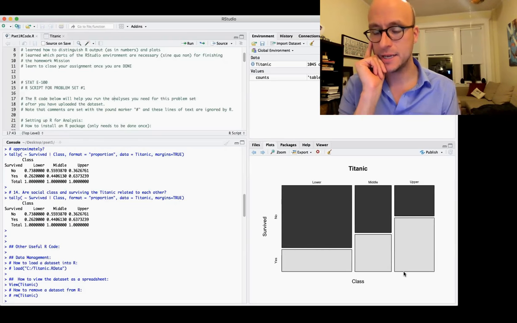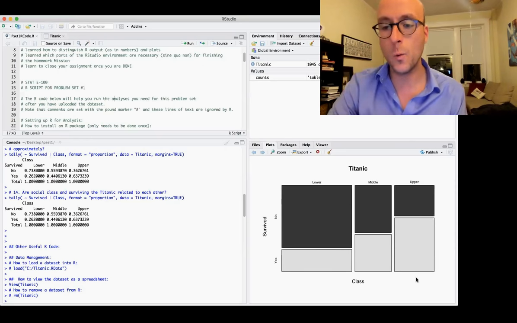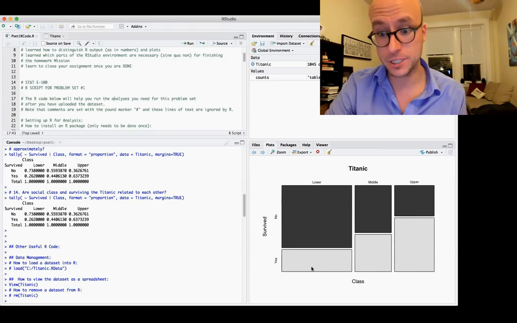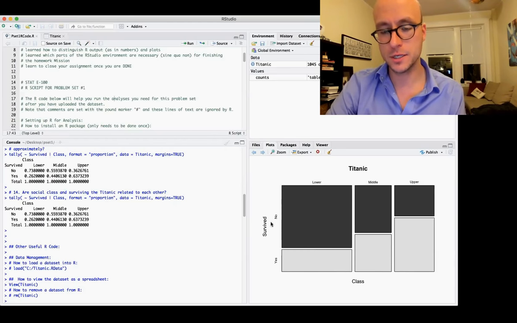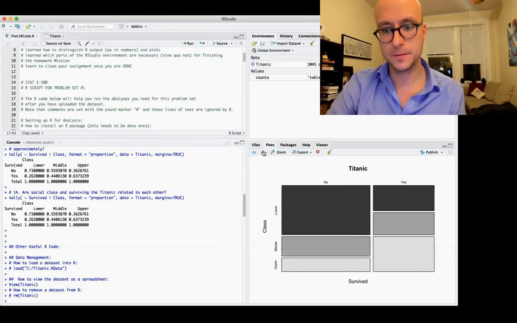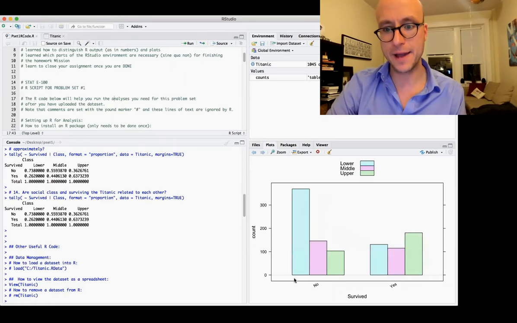It is not a bar chart because the width matters here as well as the height. In a bar chart, if we can go to those, the width doesn't matter, right? We have counts of survivorship, but there's no width here. You have two groups, and then you just have the number who survived within each group.